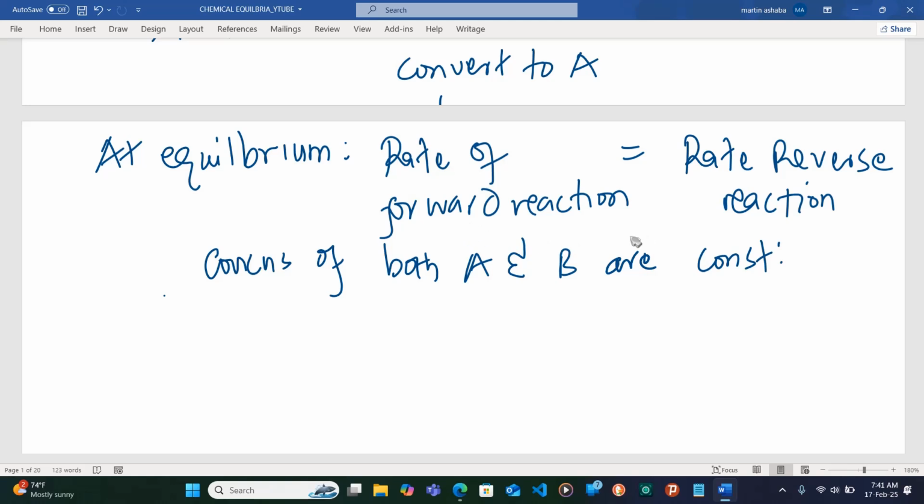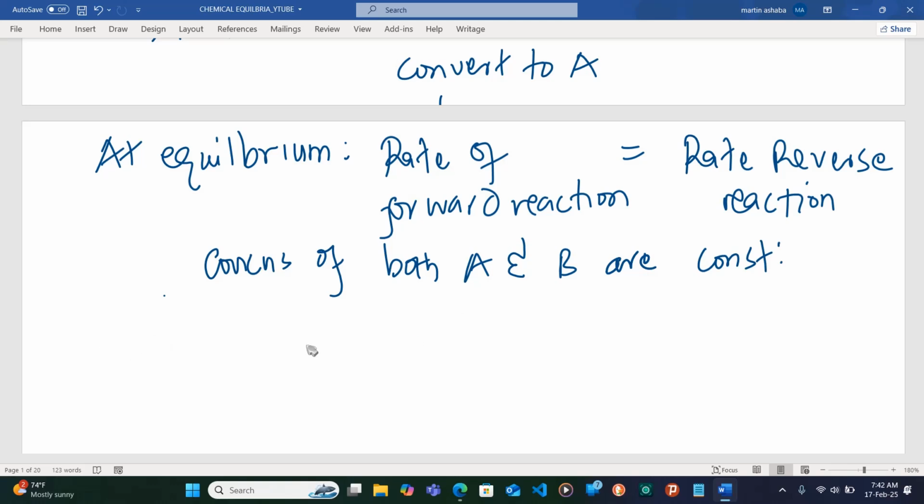If we want forward, then we shall provide conditions that favor the forward reaction. And therefore, usually, once equilibrium has been attained, if the rate of reverse reaction is known, then we can tell the rate of forward reaction because the two are going to be equal at equilibrium.